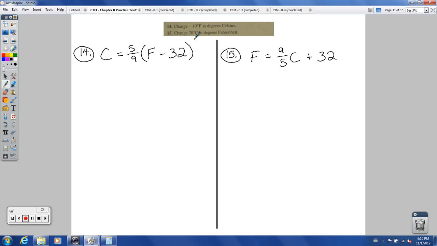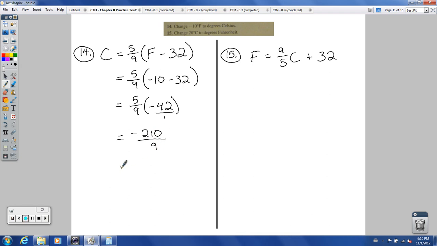And so I plug in my -10 right here, and I simplify this. So this becomes 5/9 times, this will be -42. I could make that a fraction if I want. I put it over 1, and then this I'm going to multiply through. So this is 5 times 40 is 200, and then 5 times 2 is 10, so that's going to be -210 over 9.